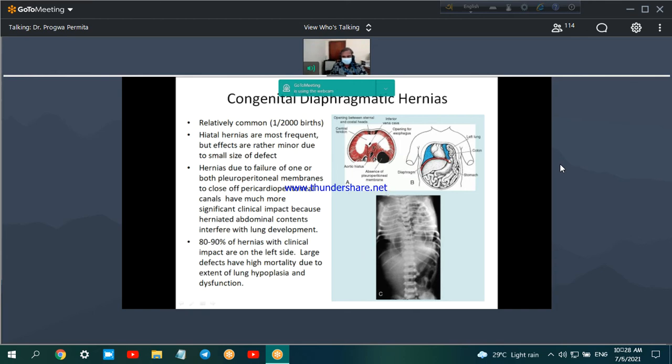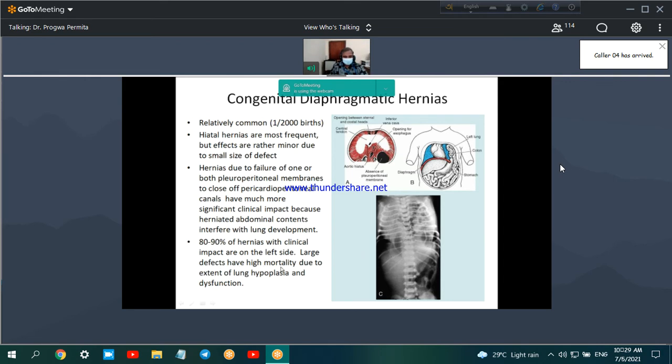There is absence of the pleuroperitoneal membrane, and through this absence the abdominal contents herniate into the thoracic cavity.